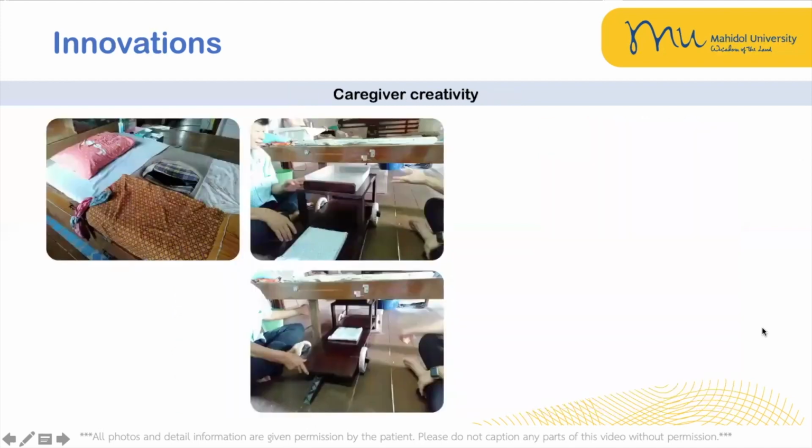Okay, we will go to the next, which is innovation from caregiver creativity. It does not need to come only from the PT. The caregiver can create and initiate these tools. If you remember the lady that I showed you in the life story, she has been a caregiver for her mother, who has been bedridden for 15 years.